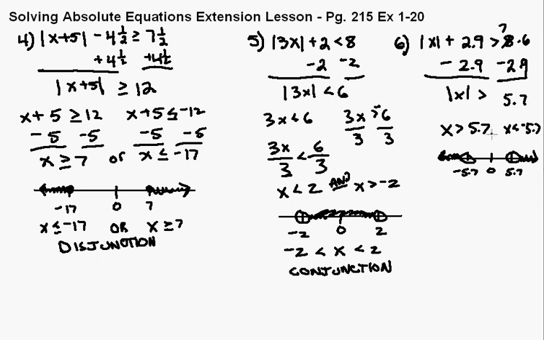So this is an OR. This is a disjunction. Again, x is greater than 5.7. X is less than negative 5.7.